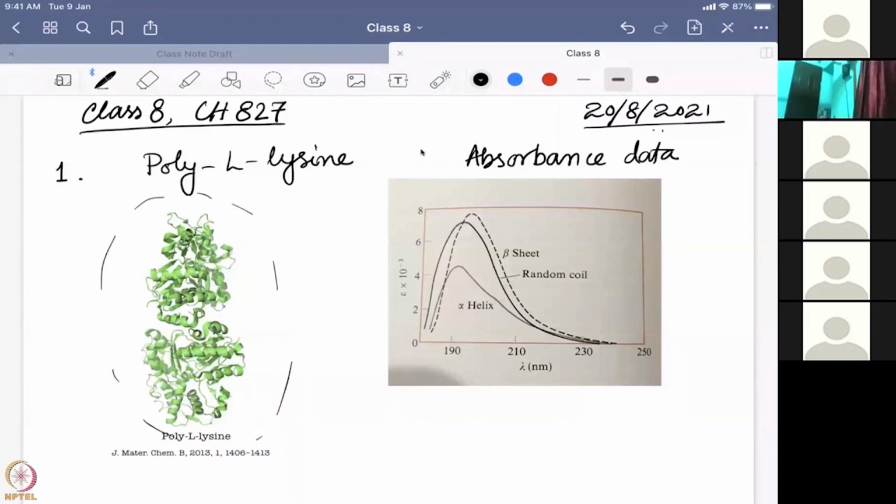As shown, we have already written alpha helix, beta sheet, and random coil. That is the data we got from other experiments, not from direct optical spectroscopy. And what are the conditions they used? For this data, which shows random coil, the condition was pH 6, temperature 25 degrees centigrade.